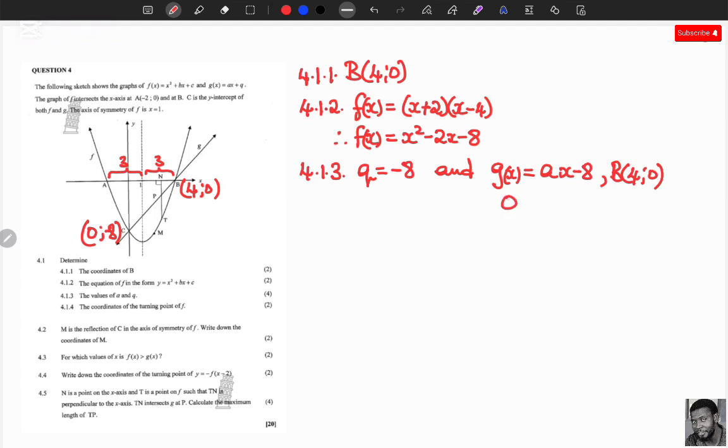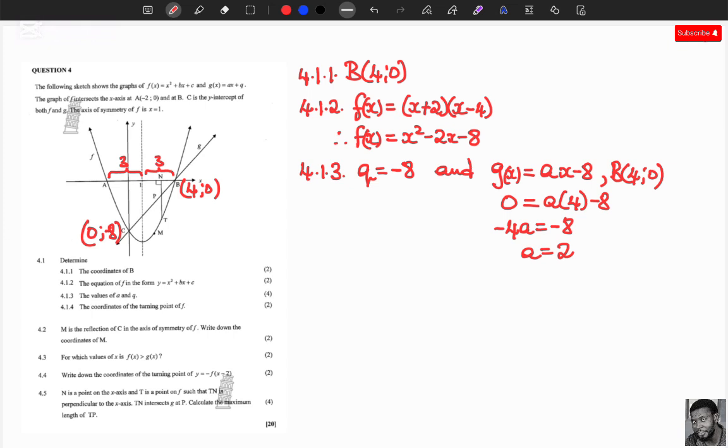That here will be 0 equals a into 4 minus 8. Then you're going to have negative 4a equals negative 8. That means that a becomes 2, whilst q will be negative 8.